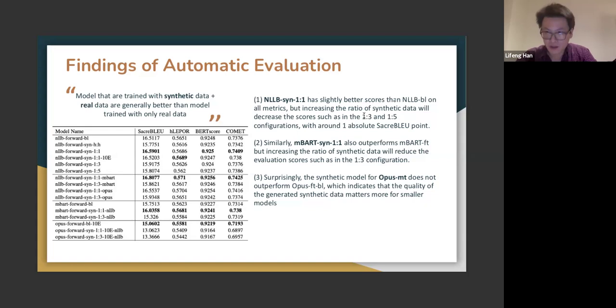This might be due to some noise introduced from the synthetic data, so data quality matters. Similarly, please read our paper for more findings on mBART and Opus.